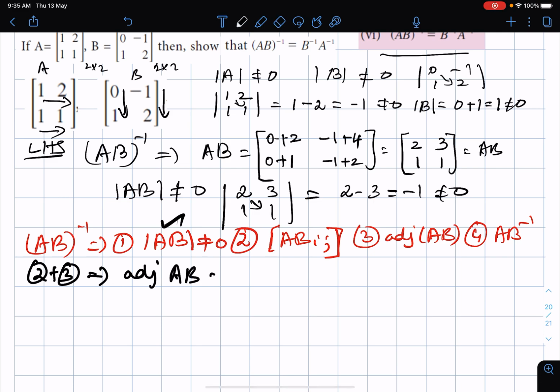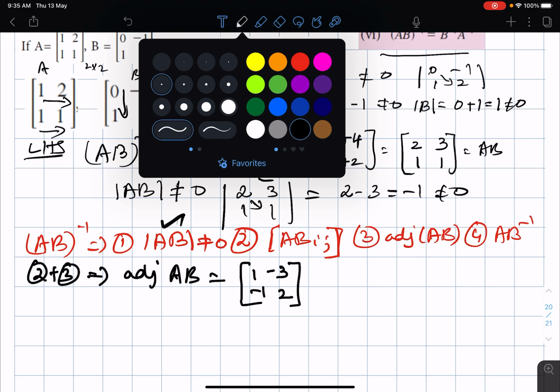For a 2 cross 2 matrix, it's very easy. You just invert these two. That is, 2, 1 comes here and 2 goes here, and you change the sign for the opposite diagonal. So minus 3, minus 1. This is going to be your adjoint AB.